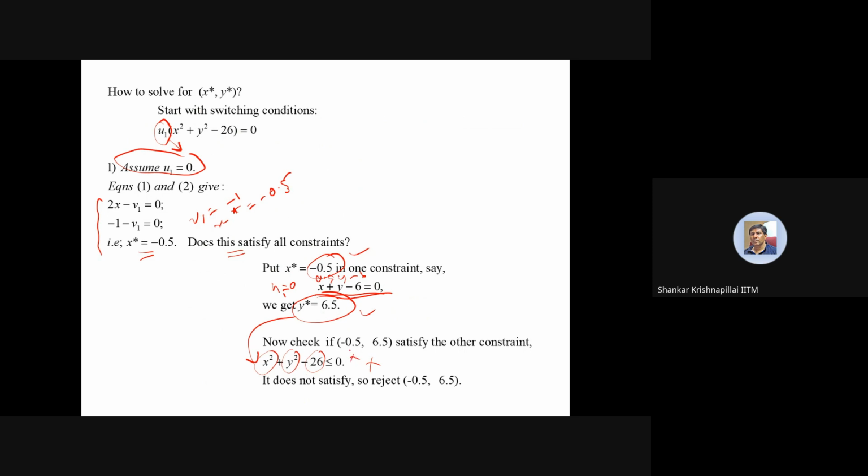So the values of x and y you get from the condition u1 equal to 0 will not satisfy this constraint. In the previous method, we would calculate S1 squared and u1, and check whether S1 squared is negative, 0, or positive. That check is not there. Instead, you have to manually check that both these constraints are satisfied.